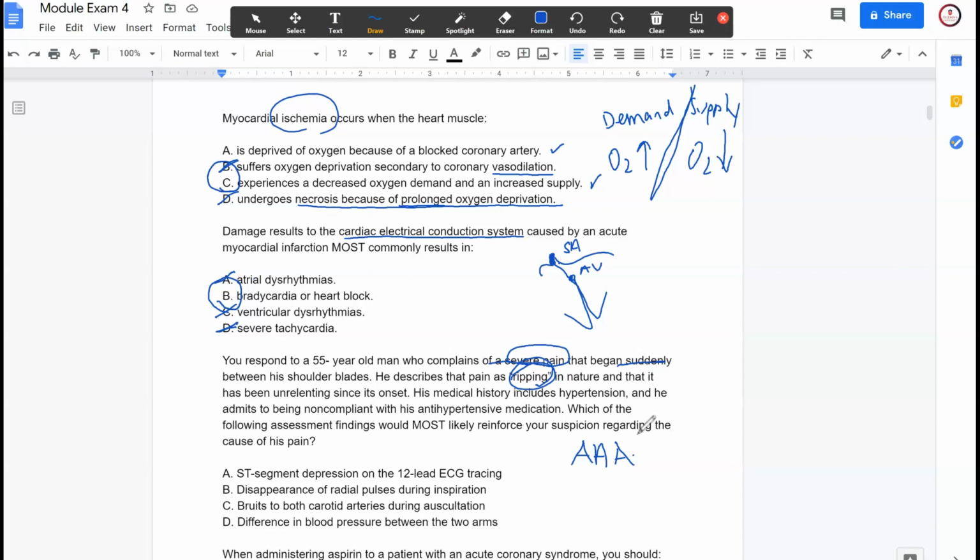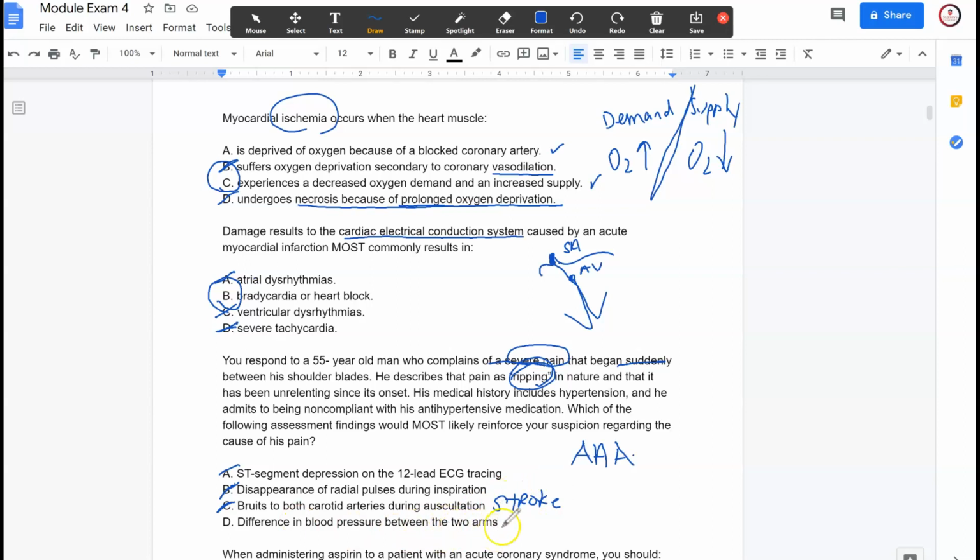ST segment depression on the lead II, no, not really. Disappearance of radial pulses during inspiration, no, I would say that doesn't fit. That's more of a chest wall issue, not necessarily an AAA problem. Bruits to both carotid arteries during auscultation, no, that would be more associated with stroke.